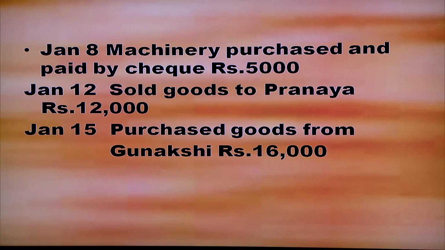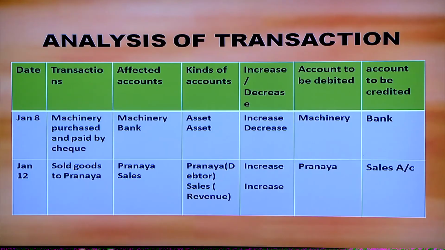On January 8th, transaction was like this, machinery purchased and paid by check. Which are the affected accounts? Machinery is coming inside the business, so machinery is increasing, and paid by check, so bank account and machinery account are the affected accounts. Machinery will come under asset account.